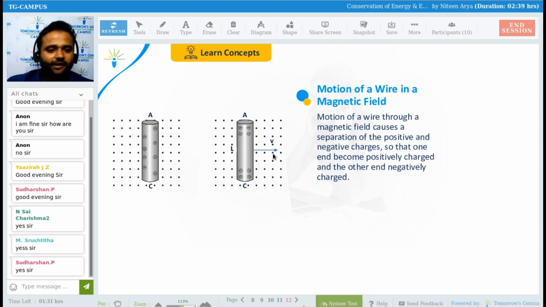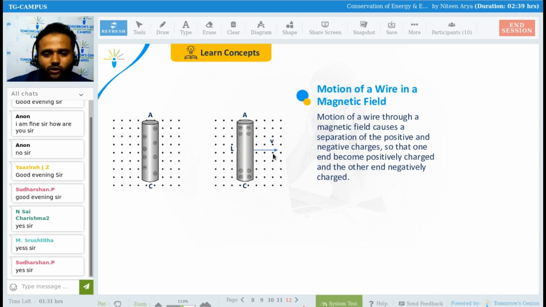Okay, so motion of a wire in a magnetic field generates induced current, induced charge, field, power, energy, and so on. Every little, big, small thing is related to EMI, the concept of electromagnetic induction.